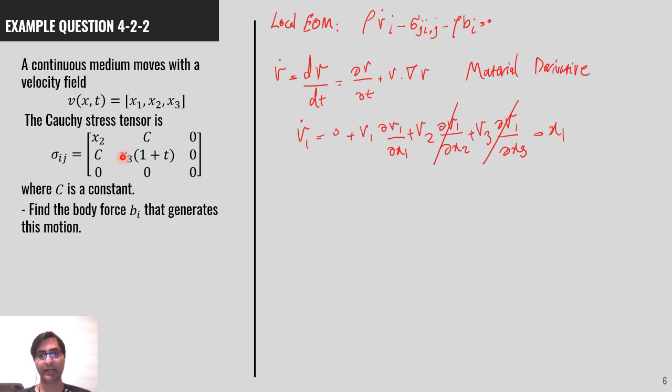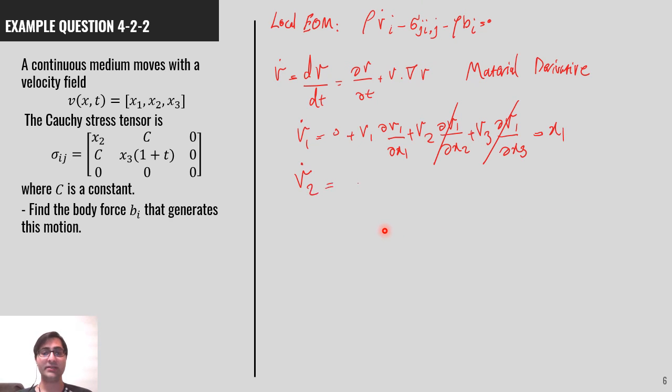You notice that v1 is not a function of time, so it's 0, and it's not a function of x2 and x3, so these two terms become 0. The derivative with respect to x1 is 1, and v1 is x1 itself, so v1 partial v1 partial x1 becomes x1.